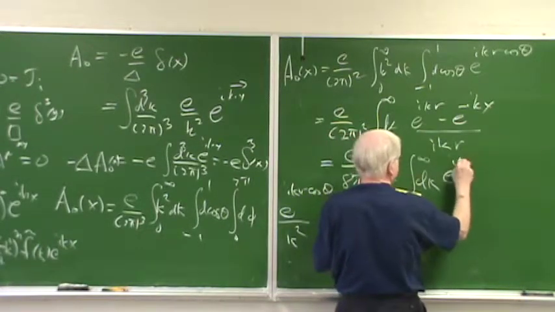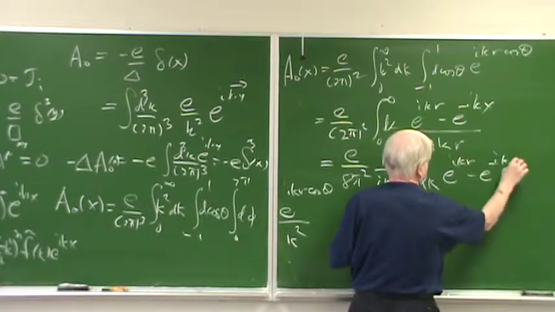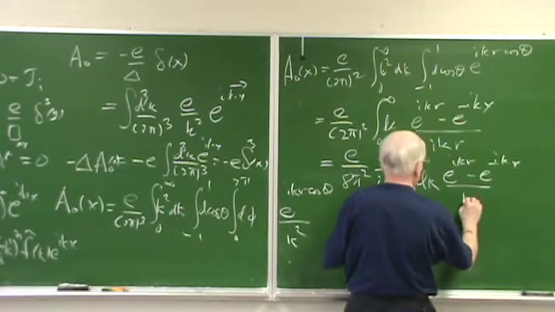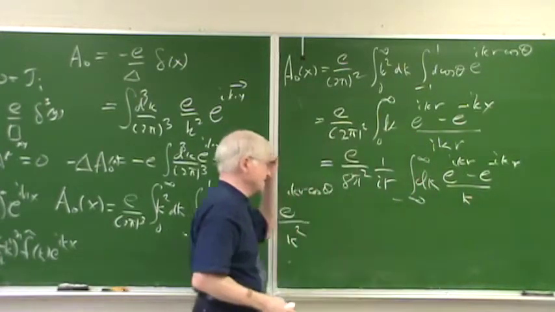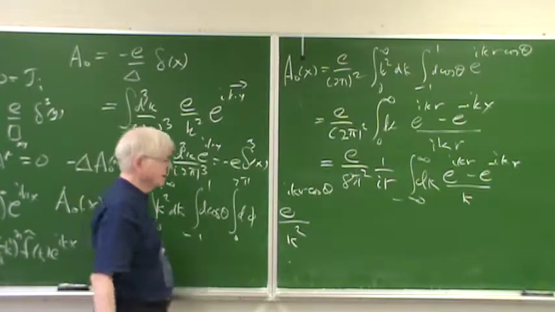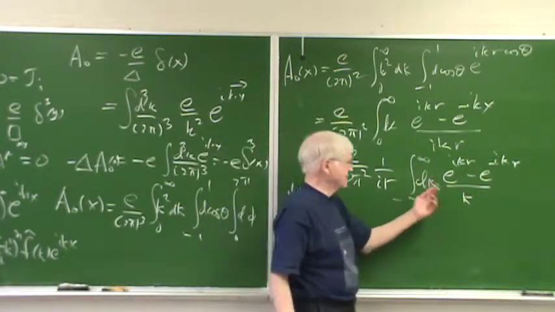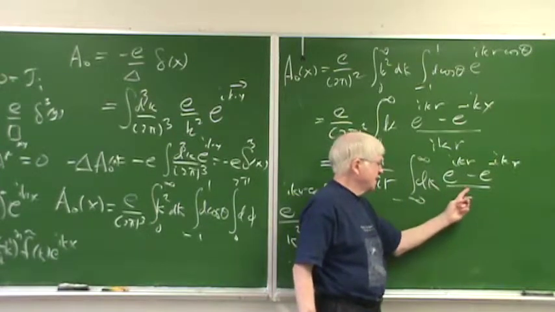So it's e to the I kr minus e to the minus I kr over k. So that's the integral, and it's worth doing because it's an example of conjugate integrals.